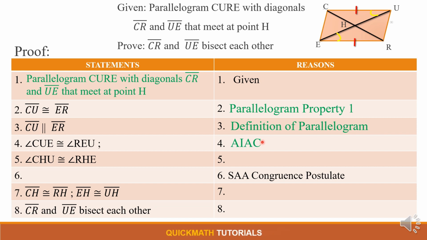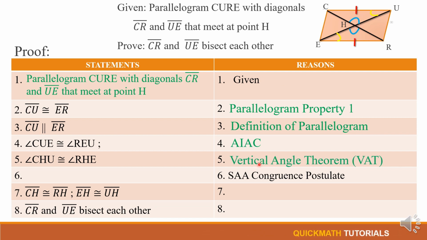Next we have the angle CHU, so we have this one, and the angle RHE. So this one. These two angles are congruent by vertical angle theorem, or in symbol we have VAT.